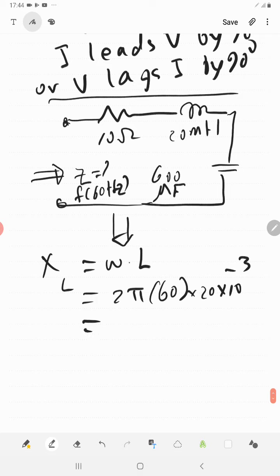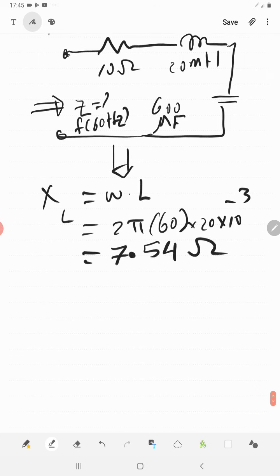This will give you, let me do it on MATLAB, times pi times 60 times 20 divided by 1000, okay? That will give you approximately 7.54 ohms.